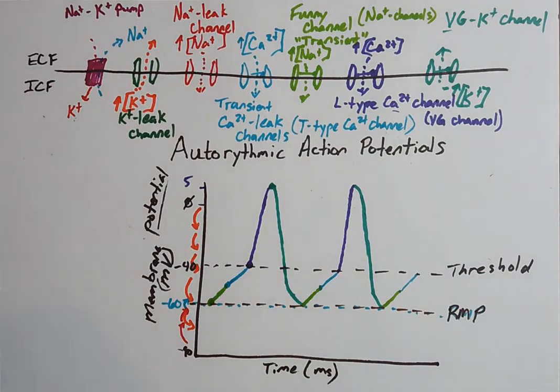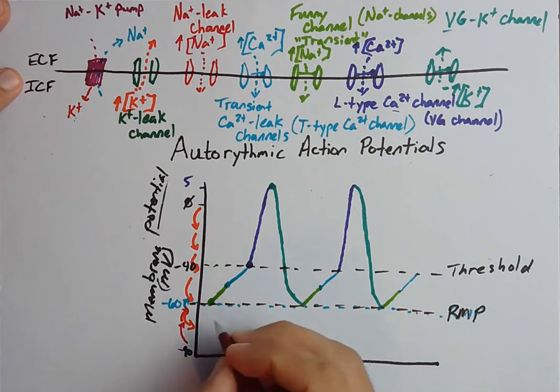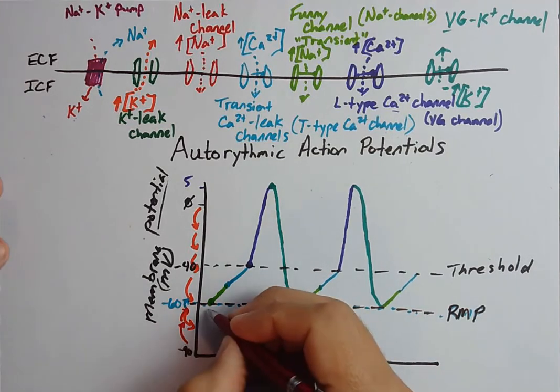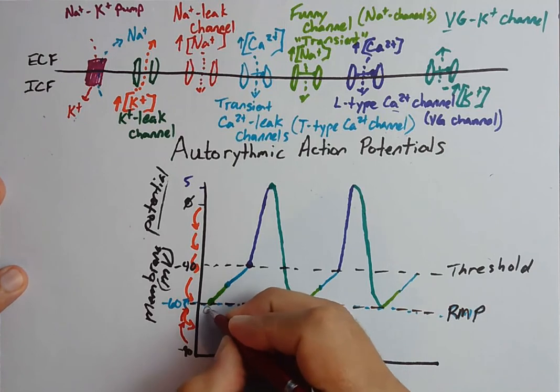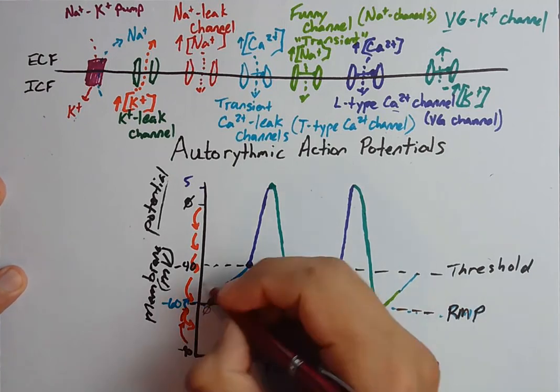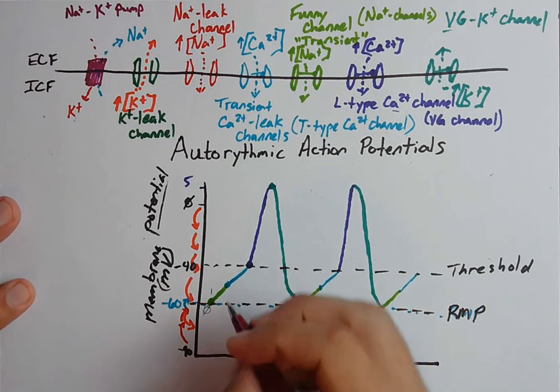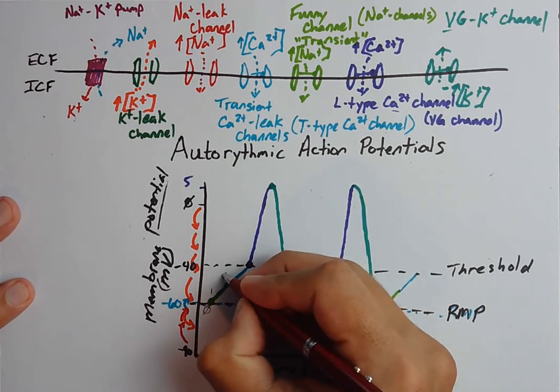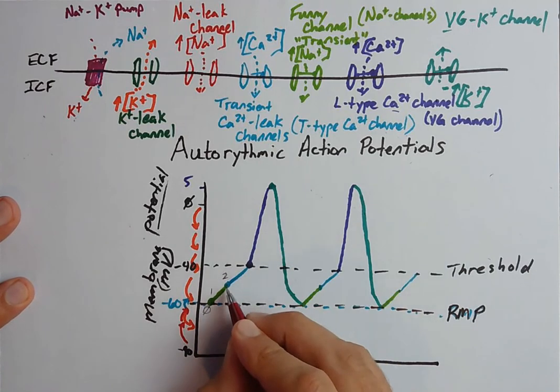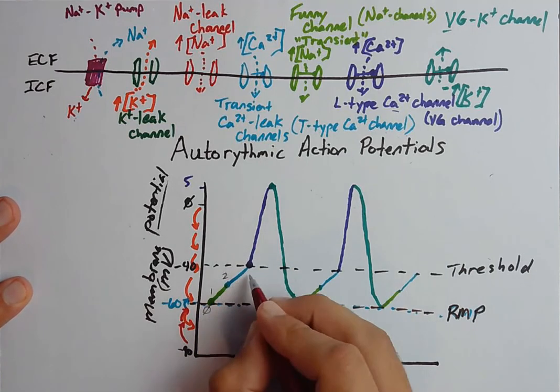Okay, so step 1. And actually, let's start with the step 0, because that's what a lot of the physiology textbooks have. Step 0 is going to be down here at resting membrane potential. Step 1 is going to be the opening of the funny channels. Step 2 is going to be the closing of the funny channels and the opening of the T-type.